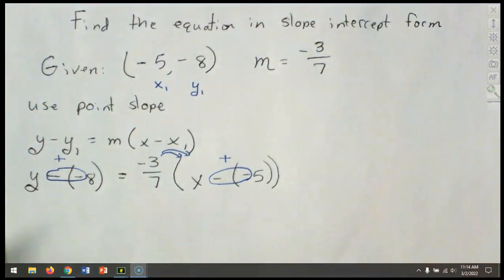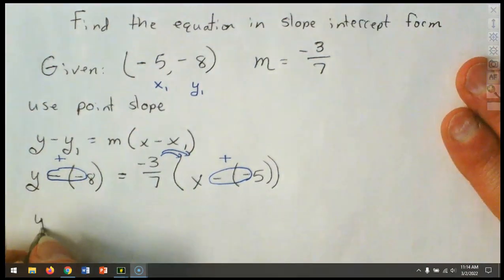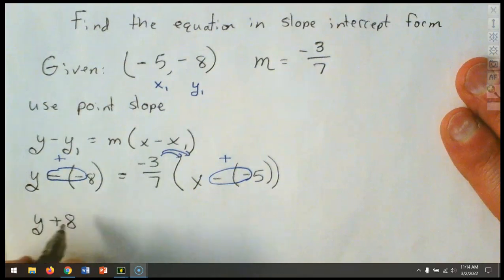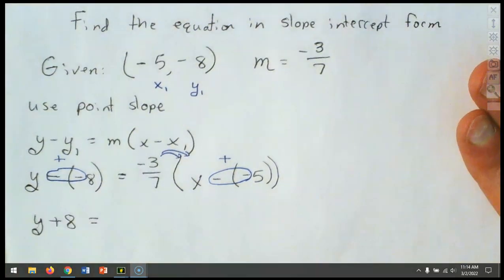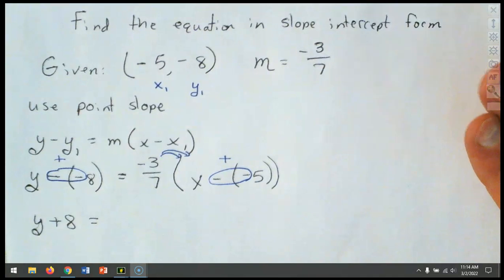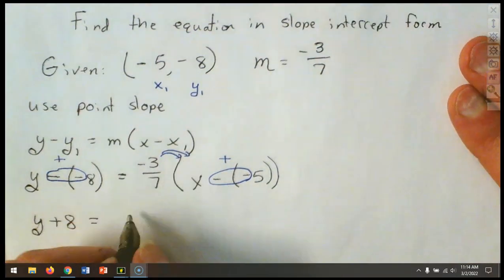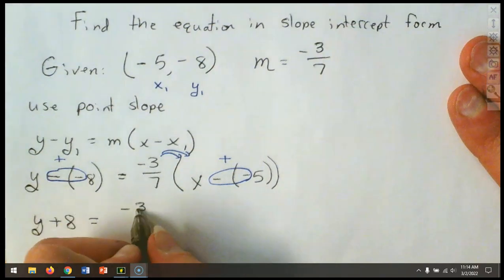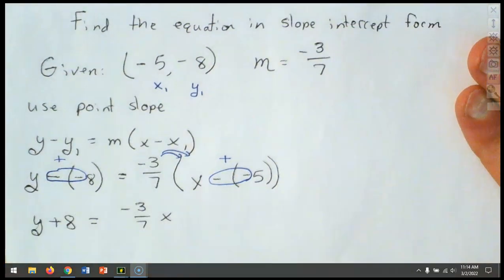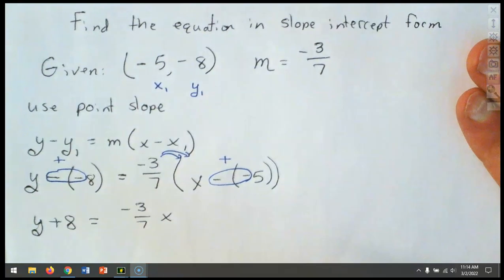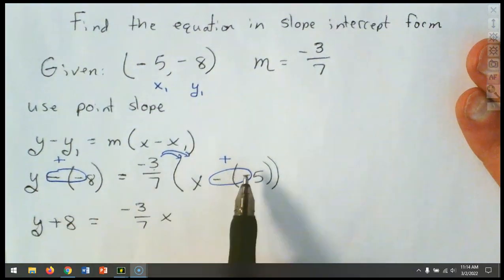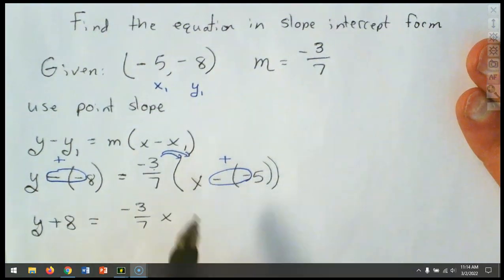Let's go ahead and rewrite this as then y plus 8 equals, we'll distribute this through here. When you distribute through, we've got a minus 3/7 x. And we have a negative times a positive. That's going to make it a negative.